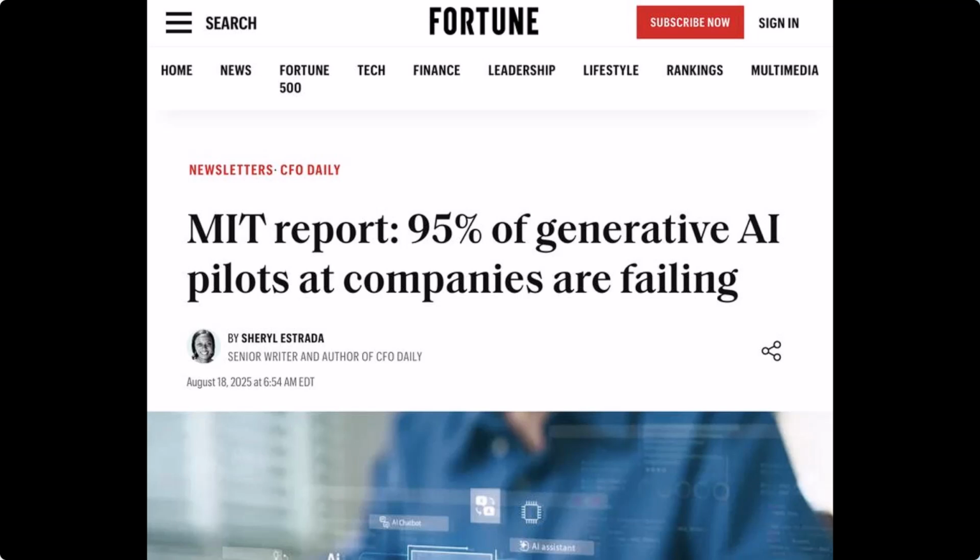First is the use case is wrong, where leaders are rushing to ride the AI hype and sticking AI to products where there is no need. Second, which I want to emphasize, is the implementation is wrong. An AI system might be able to adapt to how you work individually, but scaling that system to the enterprise will definitely fail.